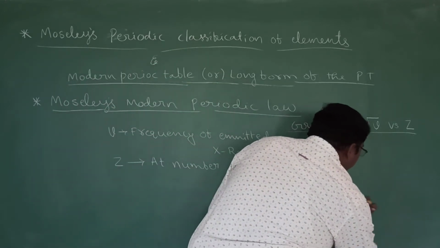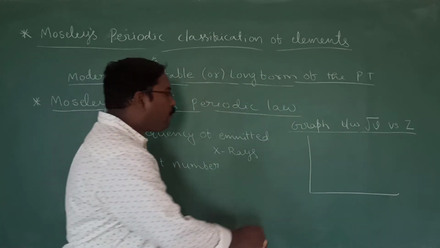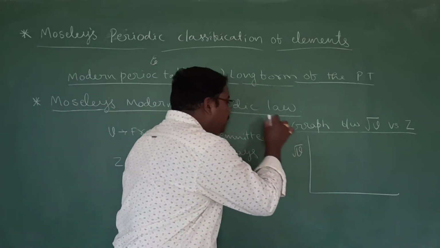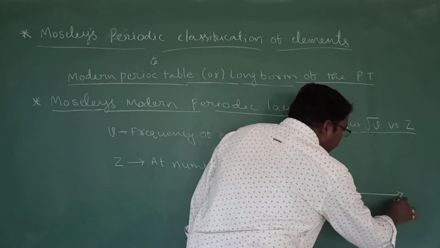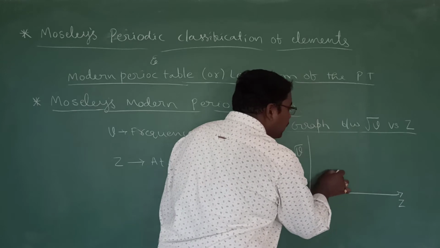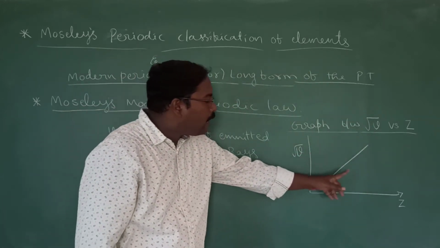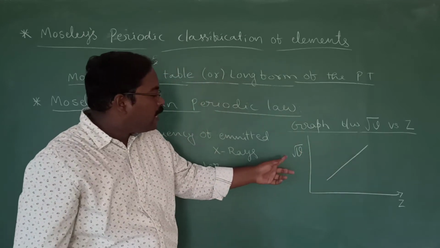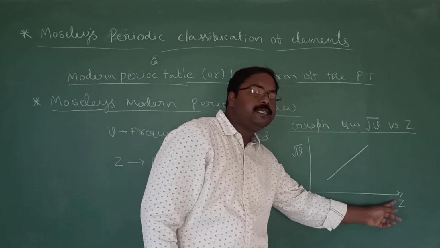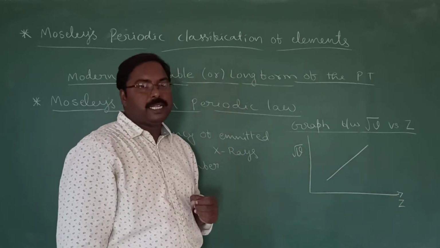When he drew the graph between the square root of frequency of these emitted X-rays and the atomic number, he got a straight line, which means both are directly related. As the atomic number of the element changes, the frequency of this radiation also changes.